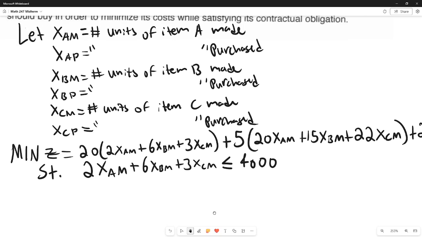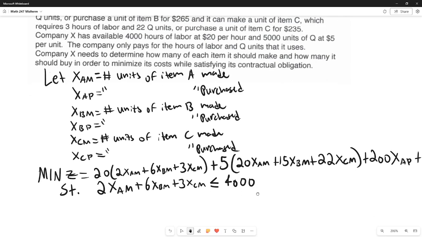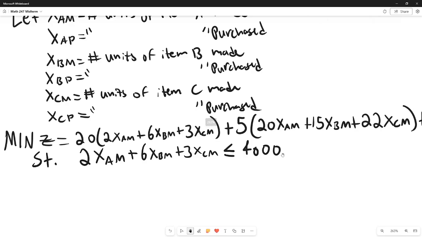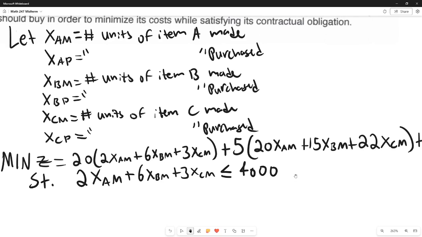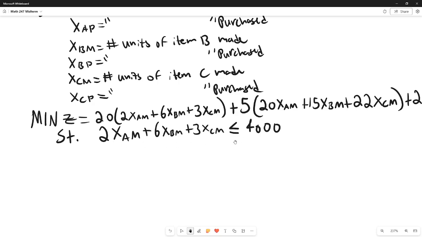Now, let's say that instead it says company X has available 4,000 minutes. You need to make sure that when you're making your inequality, you must convert it to hours. Minutes to hours, that's just the number of minutes divided by 60. That'll get you your hours. So make sure that they're in the same type. Okay? So this should be for the hours.